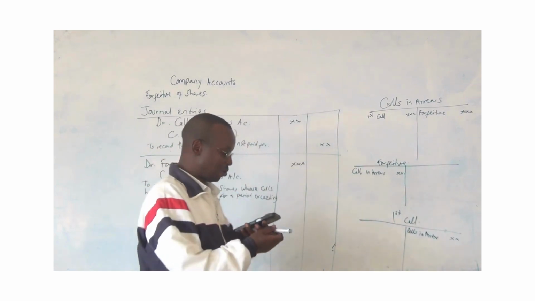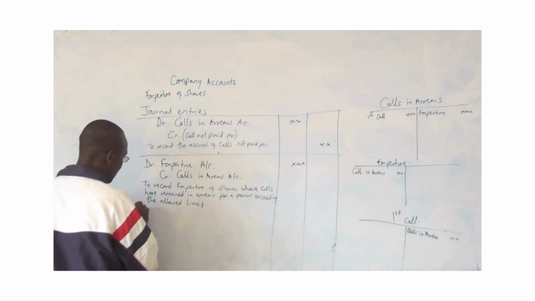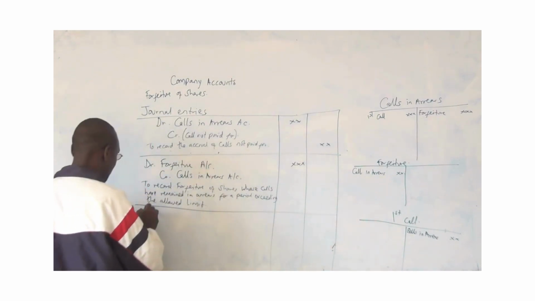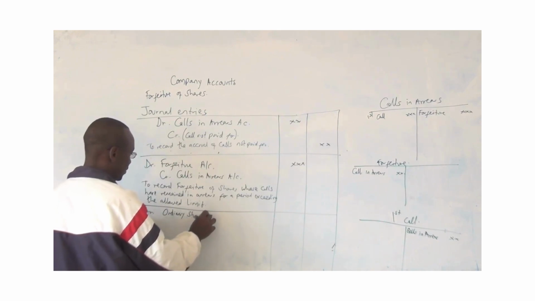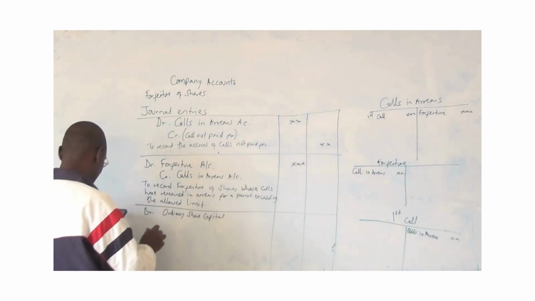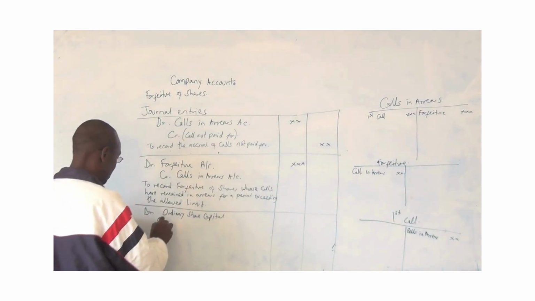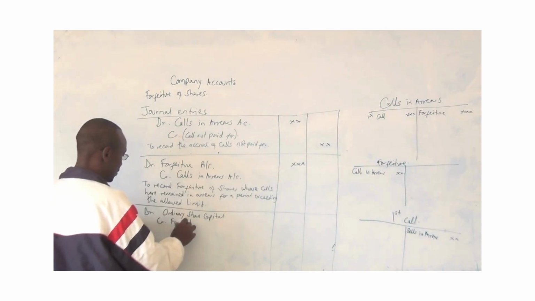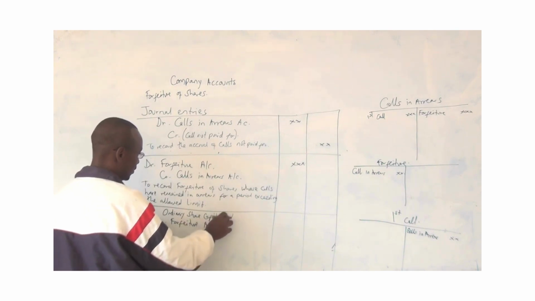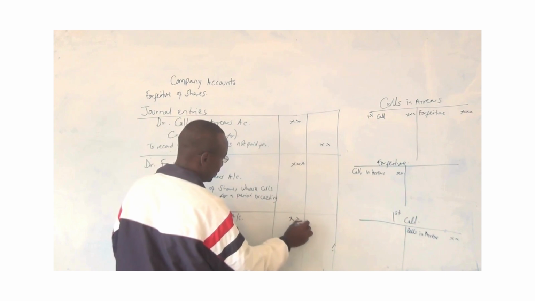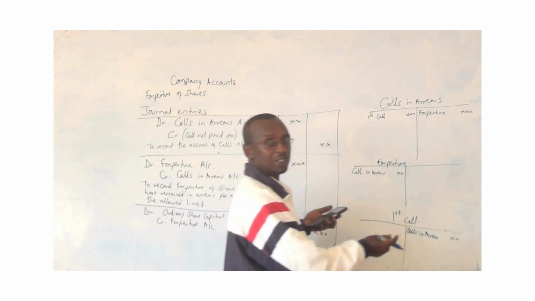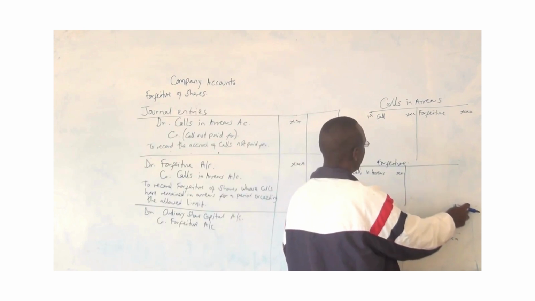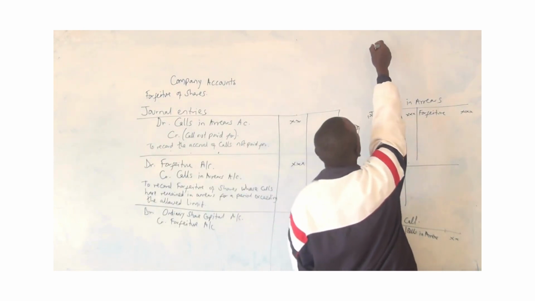Then from there you debit ordinary share capital and credit forfeiture account. Now what do we do here? So you have our ordinary share capital account here.